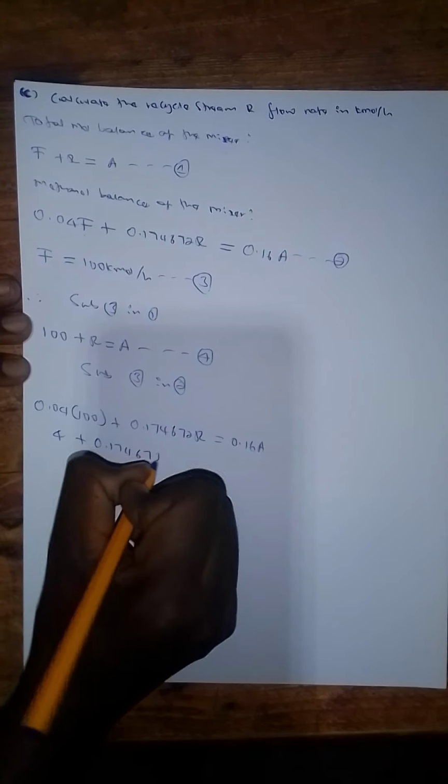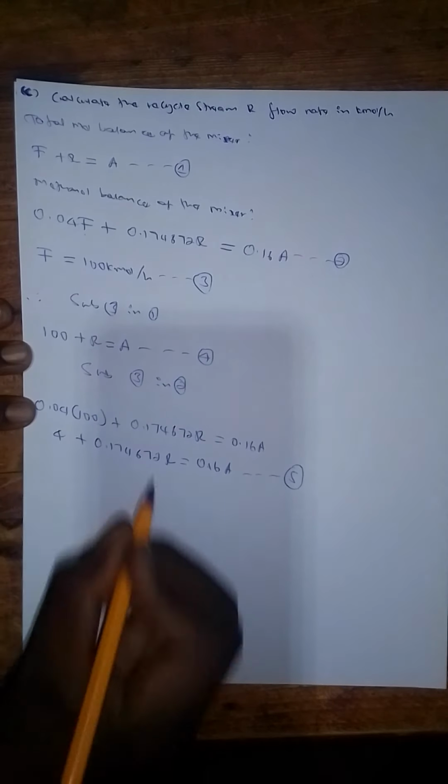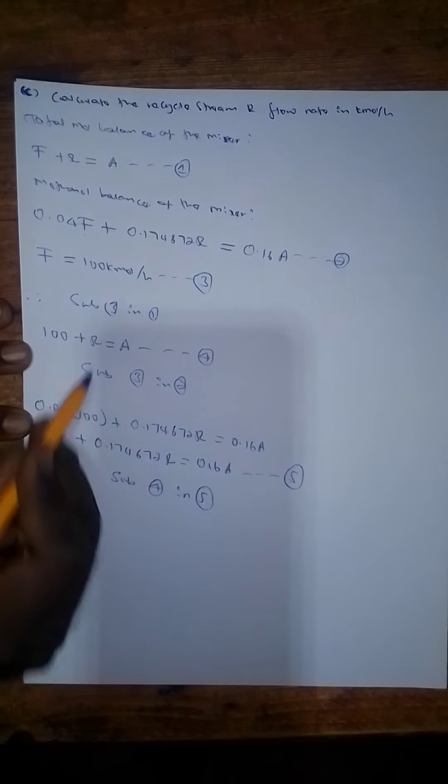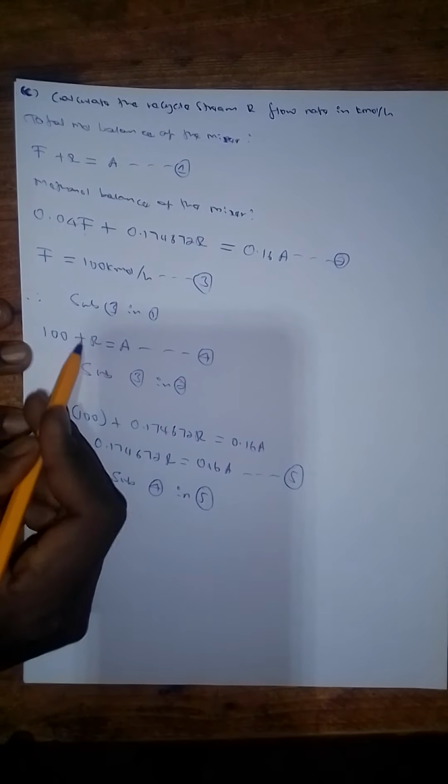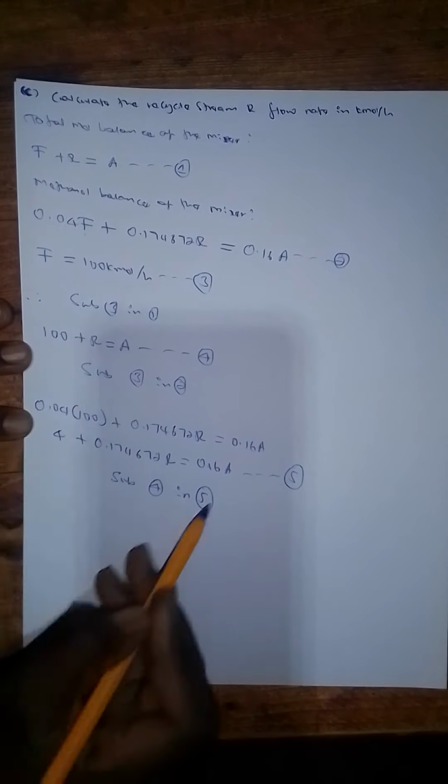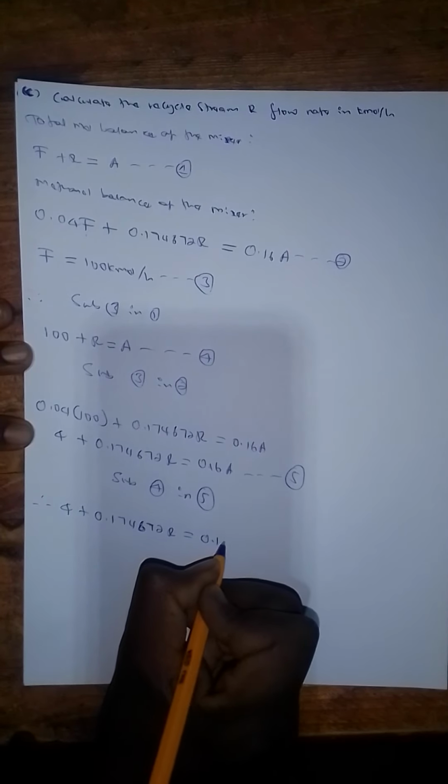Then we substitute 4 in 5. Remember A is equal to 100 plus R, so we substitute it here: 4 plus 0.174672 R is equal to 0.16 times 100 plus R.